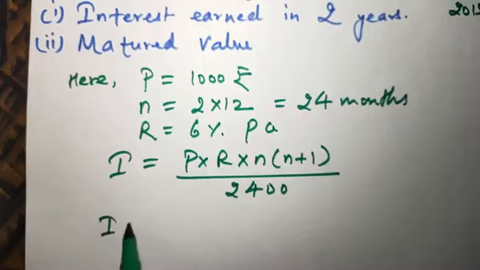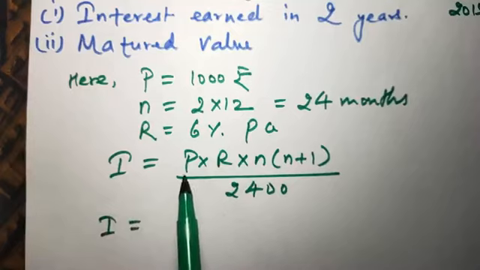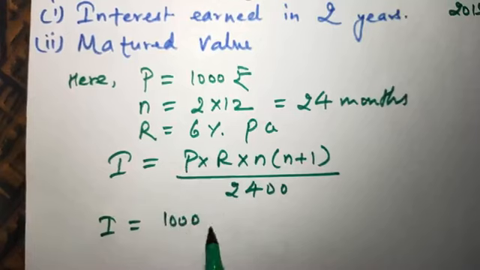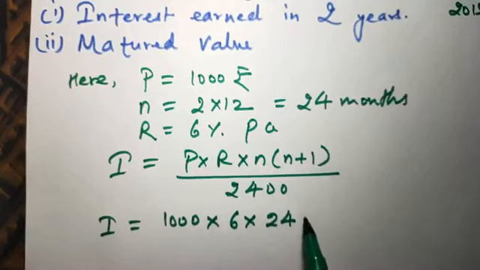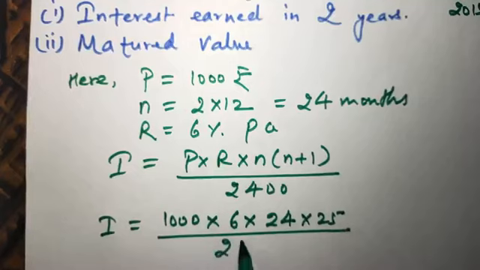Now next step, we have to substitute the values here. P 1000, R 6, and N is 24, so N plus 1 means 24 plus 1, 25. I write it directly here, and upon 2400, right?